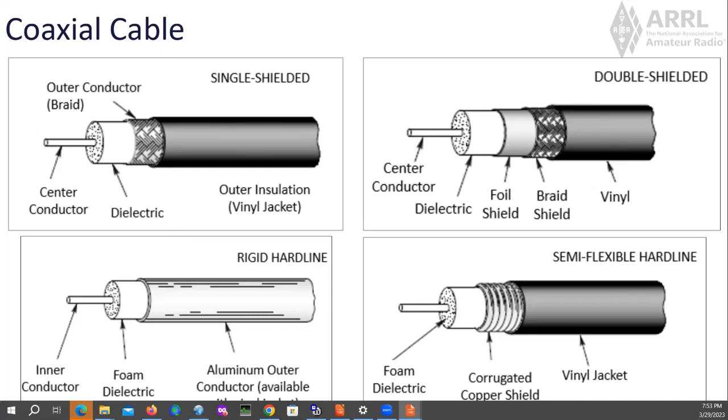And then there are some where they wrap foil and then put the braid over that. And then your rigid hardline is a stiff pipe type thing, and usually it just has spacers in it where most of what's inside of it is air. And the semi-flexible has a corrugated shield, so it's easier to bend without kinking and therefore shorting your center conductor to your shield.